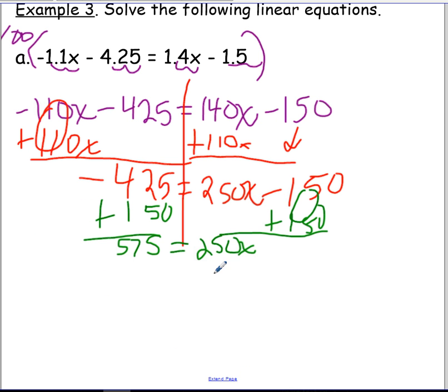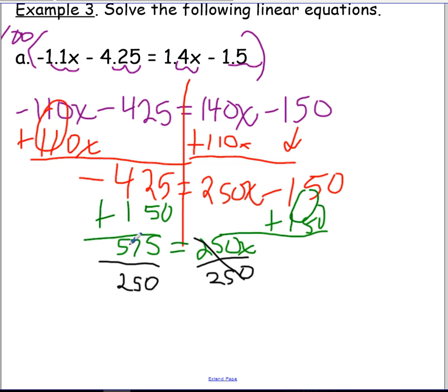And so our coefficient to divide off of is 250. So we'll divide that on both sides. And since our problem had decimals, it makes sense to leave our answer as a decimal.